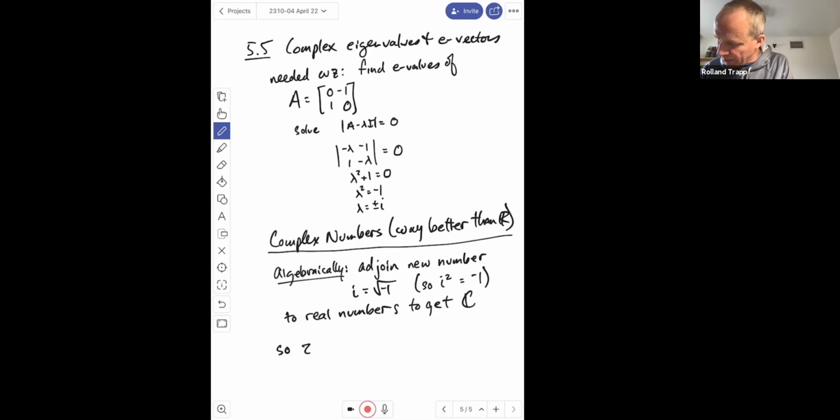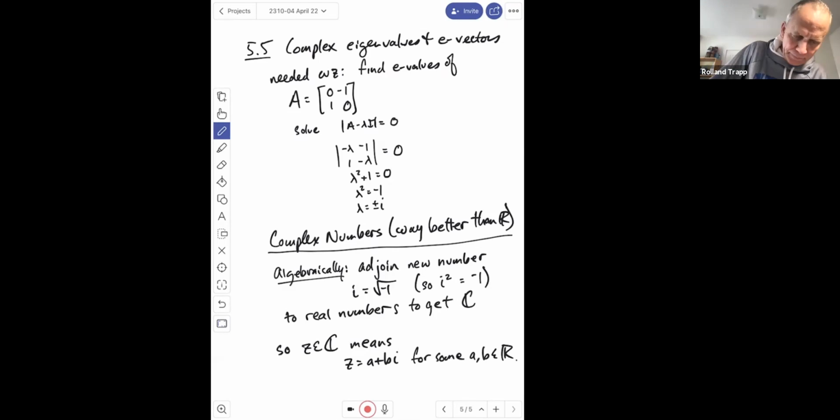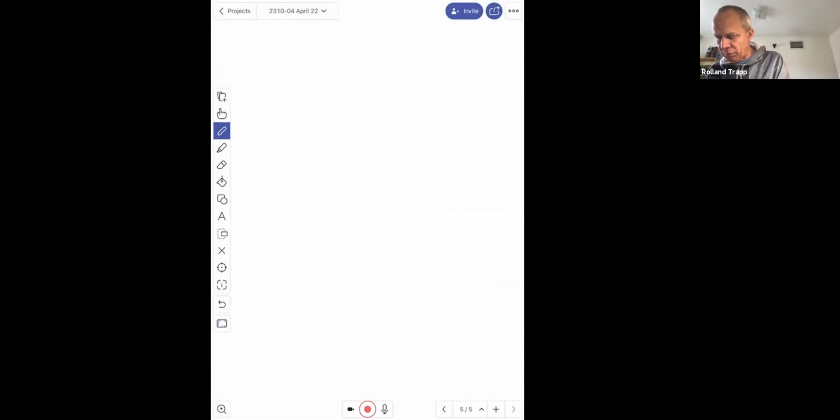If z is in C, z is a complex number, it means that z equals a plus bi for some real numbers a and b. I'm not saying anything new. None of this is new, but you may not have ever thought about it.